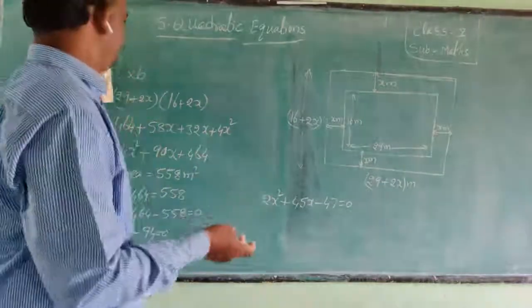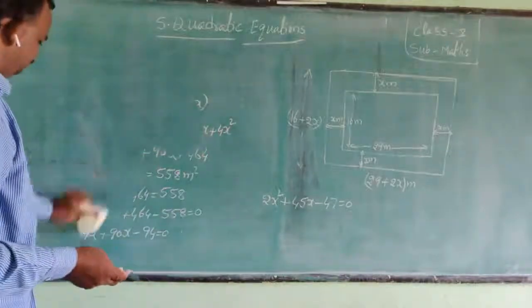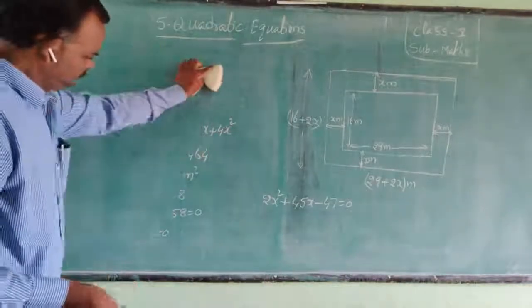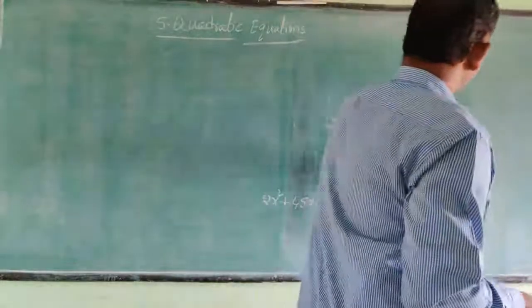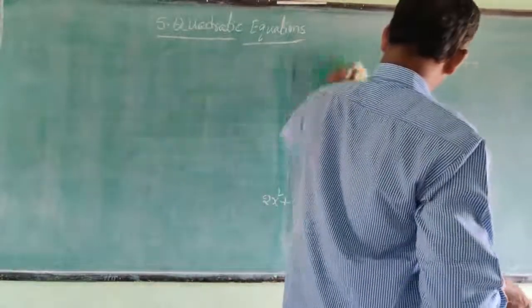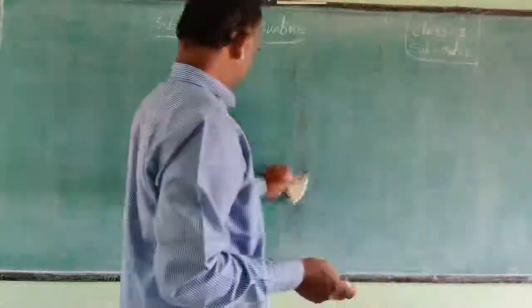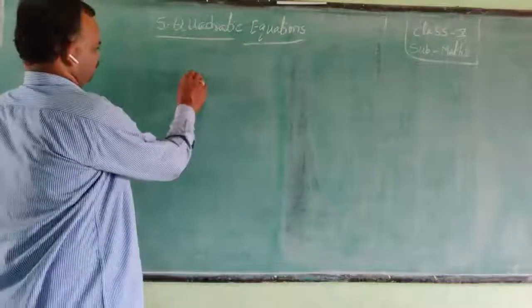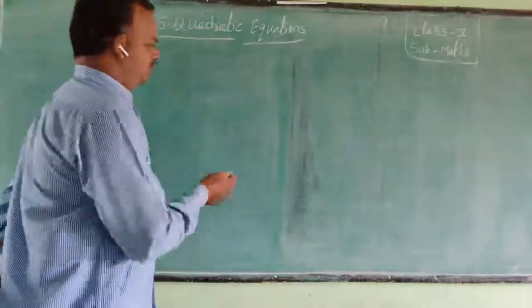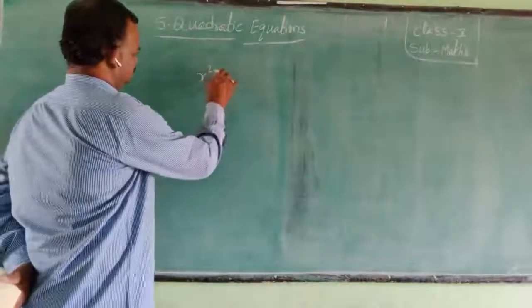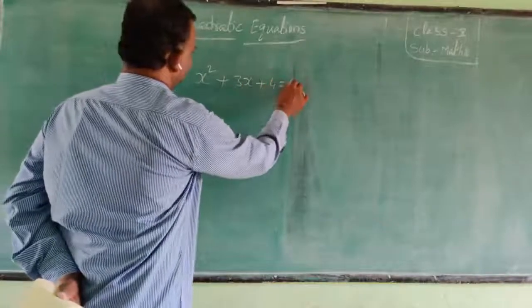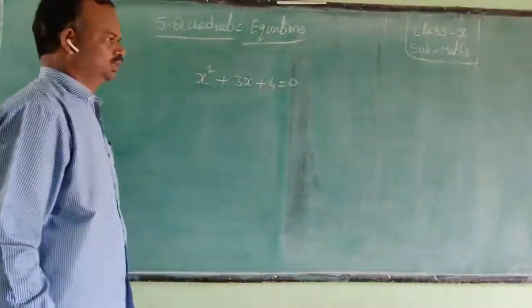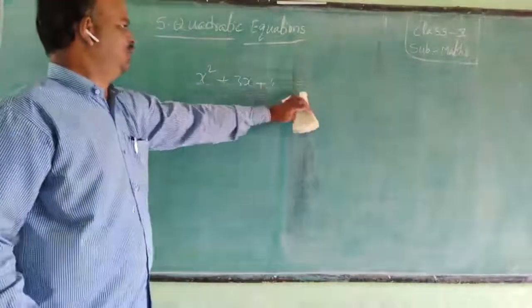So every quadratic polynomial set equal to 0 becomes a quadratic equation. Write any polynomial, for example x square plus 3x plus 4. This is a polynomial.